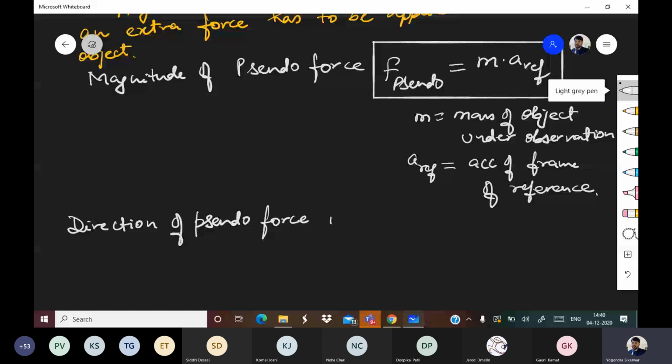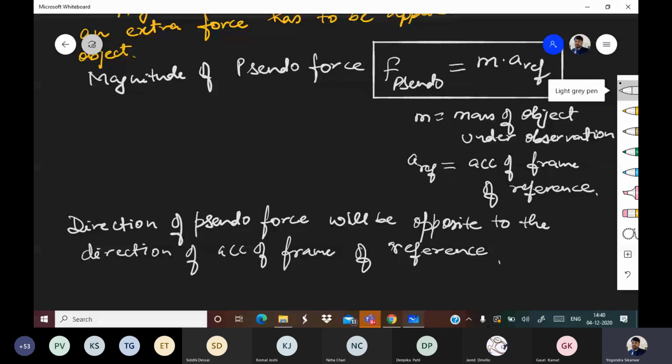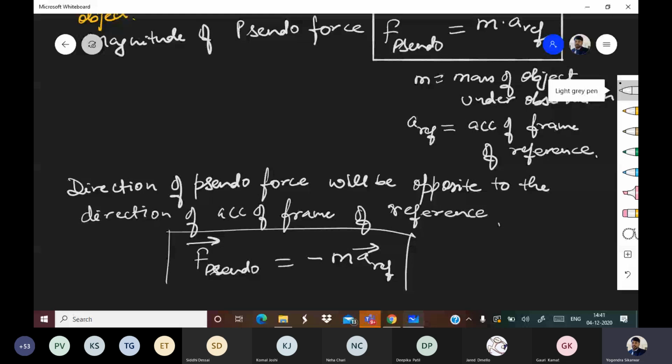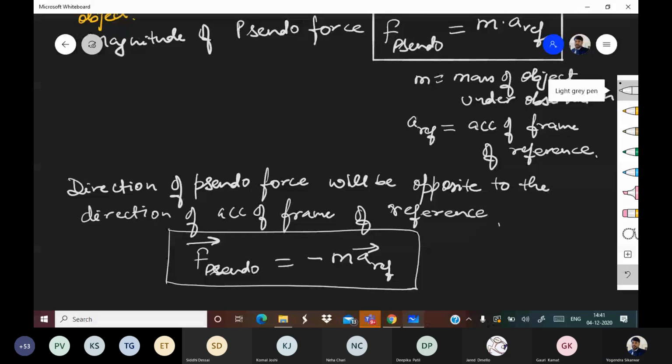So now we can write it in vector form. So F pseudo vector is equal to minus M into A ref. So what is minus sign telling you here? Minus sign is telling you that direction is opposite to the direction of acceleration of frame of reference.